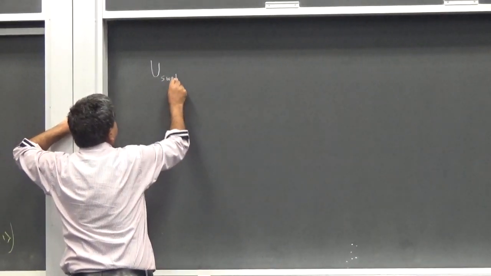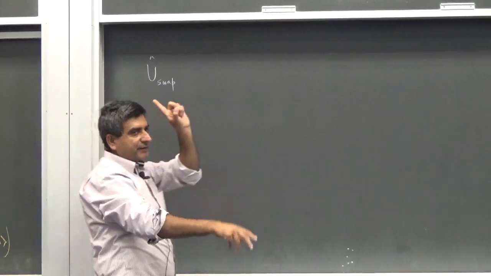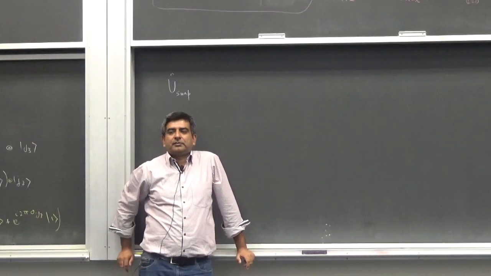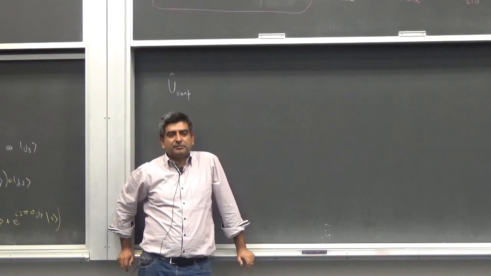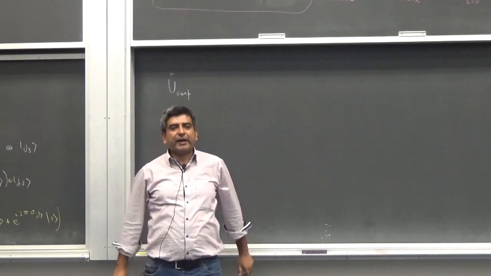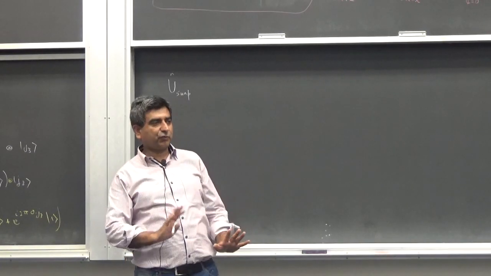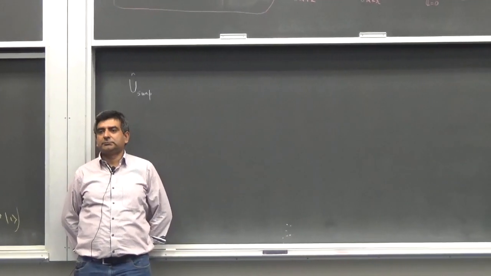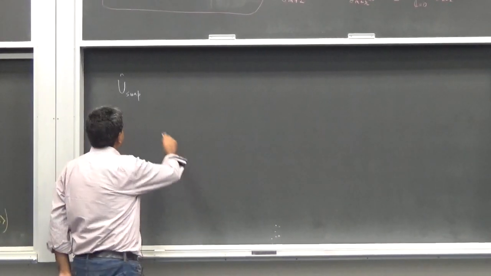Suppose you are just swapping two qubits. You just have two qubits and you're swapping the qubits. What would the matrix look like? It's not a NOT gate. I would like you to write a 4 by 4 matrix for a swap gate. Write down what the matrix looks like.